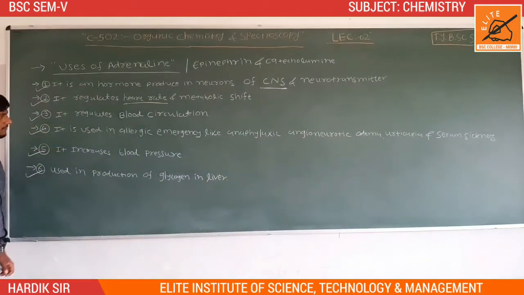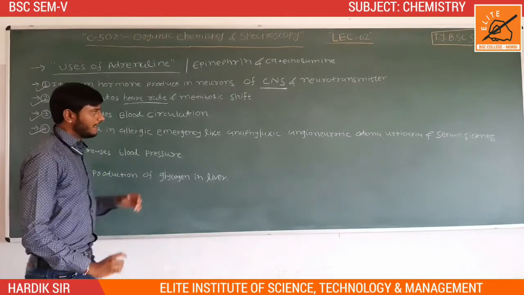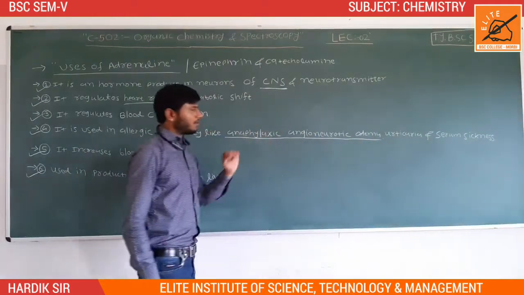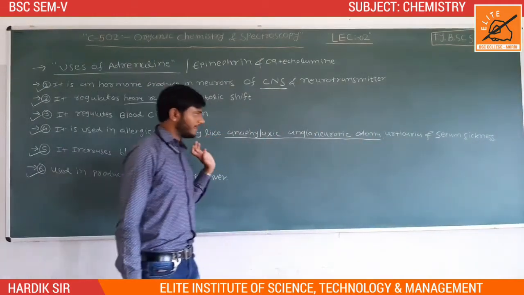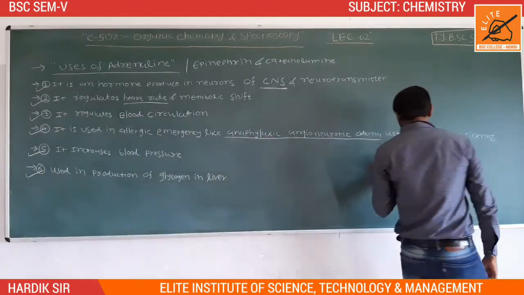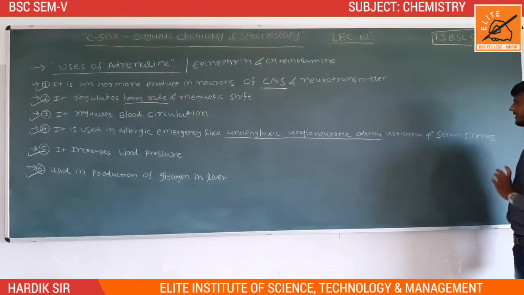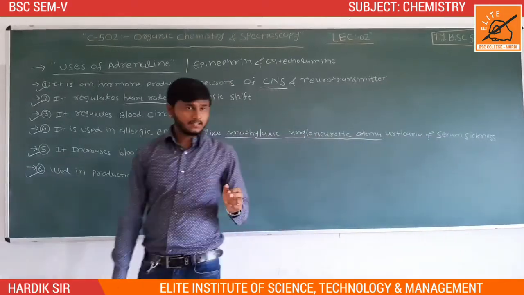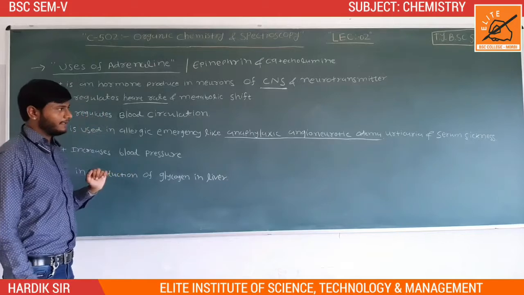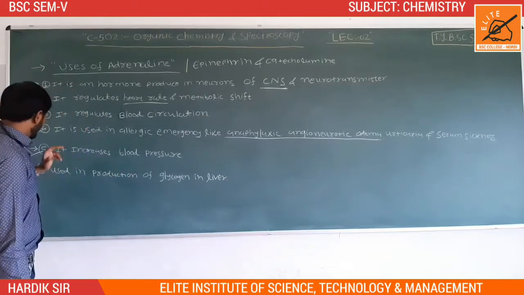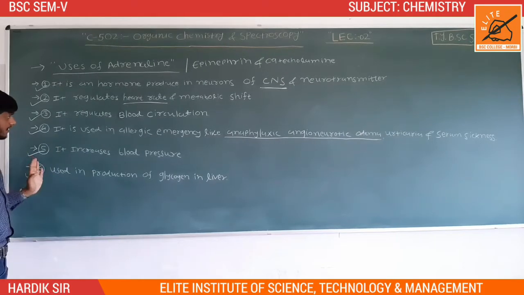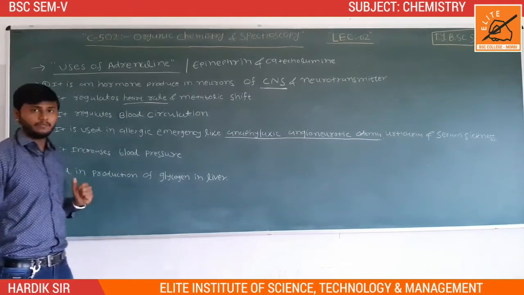Now the fourth use of adrenaline: it is used in allergic emergencies like anaphylaxis, angioneurotic edema, urticaria and serum sickness. These are disorders of our body, and we use adrenaline in these disorders. Finally, the fifth use is that it increases blood pressure.